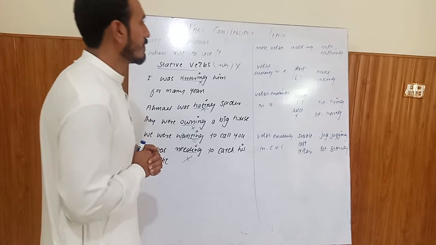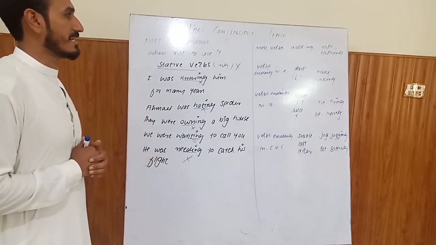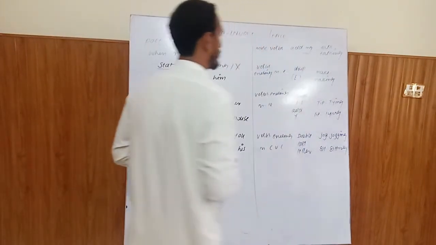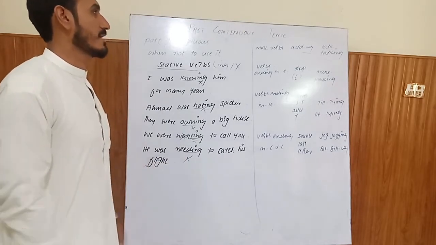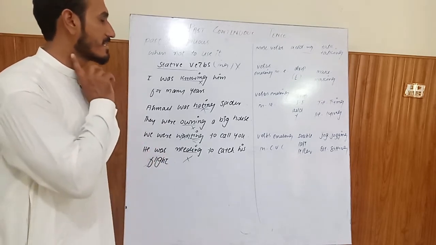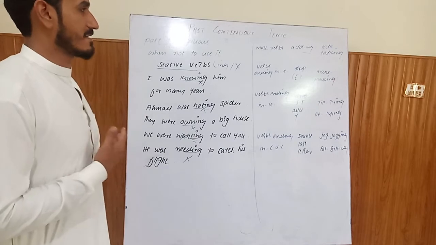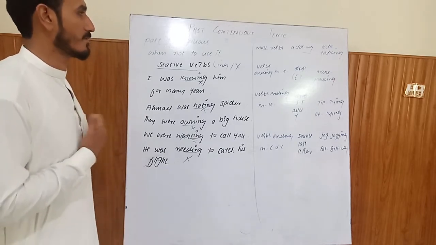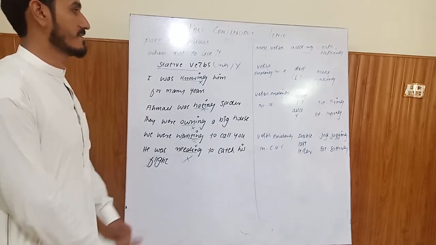Most verbs end in ing in progressive tense, in past continuous tense. For example, talk, talking, speak, speaking, work, working, take, taking. In present progressive and in past progressive, we are using ing.